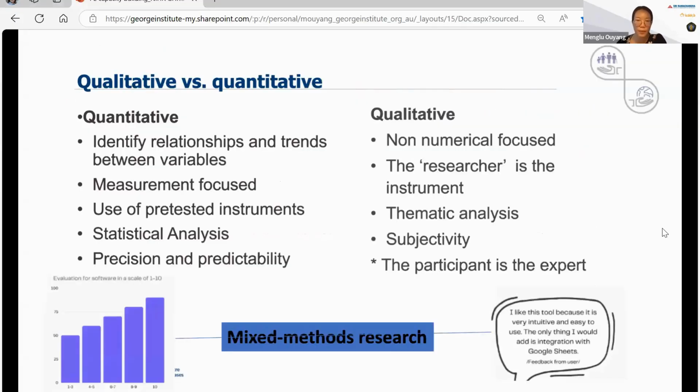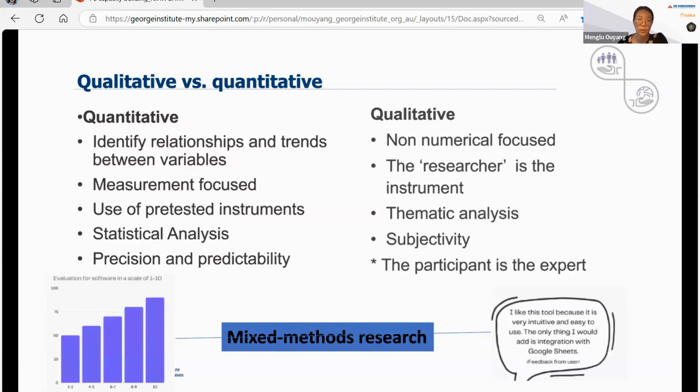So to better introduce data collection for process evaluation, I think most of you already have knowledge about the two types of data we usually collect in research.